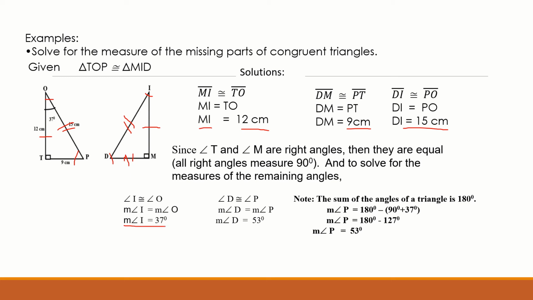Then we have angle D and angle P. Yan yung nawawalang sukat. Yan yung angle na walang sukat. So, wala ding sukat yung angle P, wala ding sukat yung angle D.